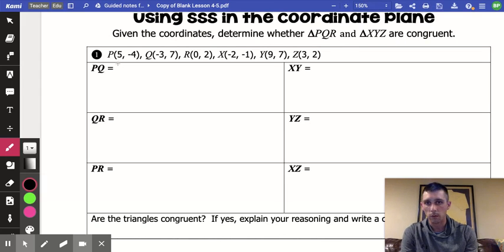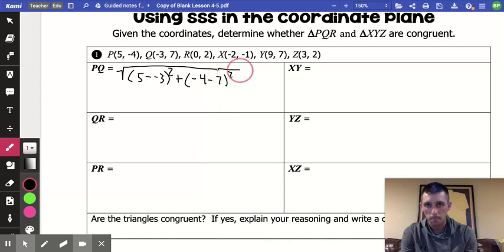All right, so what we have to do, PQ, we have to use the distance formula. So remember the distance formula: square root of x sub 1 minus x sub 2 squared plus y sub 1 minus y sub 2 squared. So PQ, what is x sub 1? So 5 minus negative 3 squared, plus negative 4 minus 7 squared.